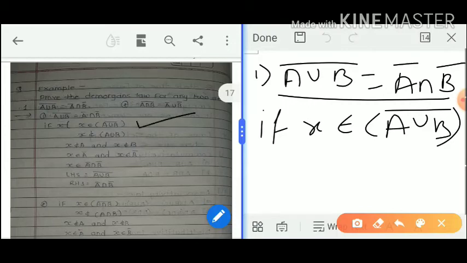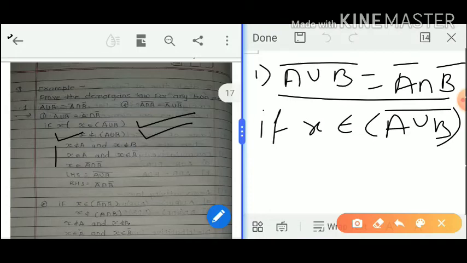X means X is an element. So X belongs to A union B complement means X does not belong to A union B, because A union B and its complement contain different, distinct elements.